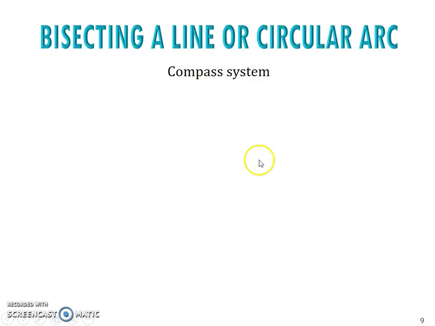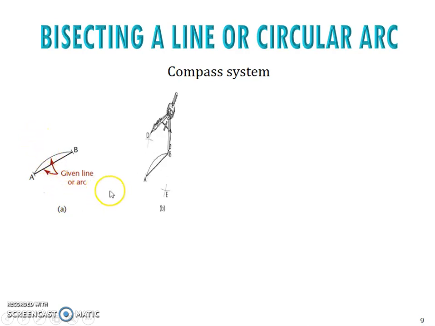Now we go on to the basic geometrical construction on how to bisect a line or circular arc. For example, you're given a line or an arc, and you have to divide it in the middle. Okay, bisect. So what you need is a compass.